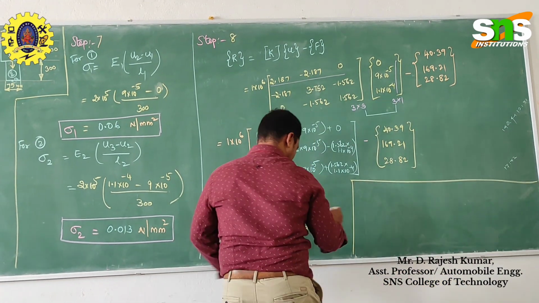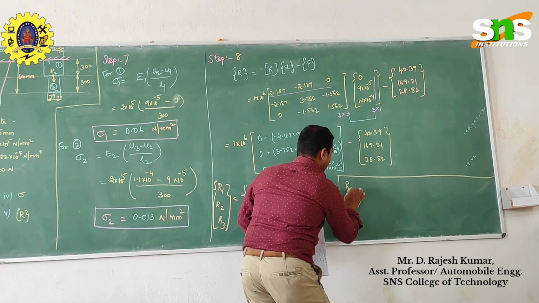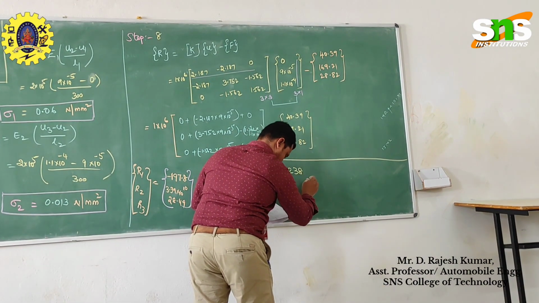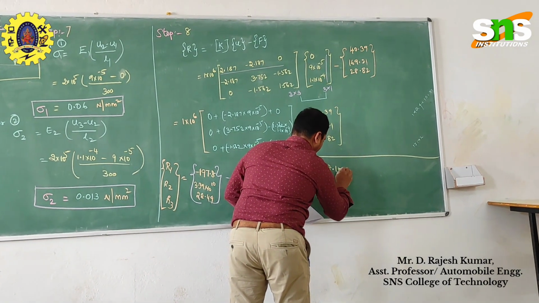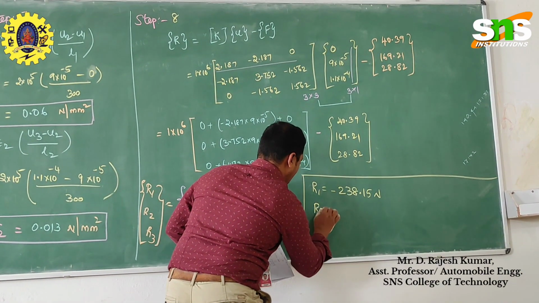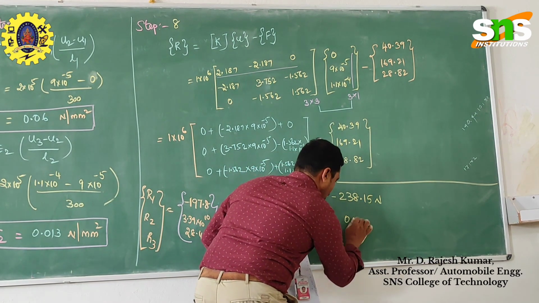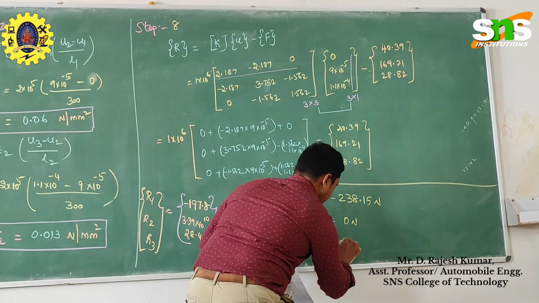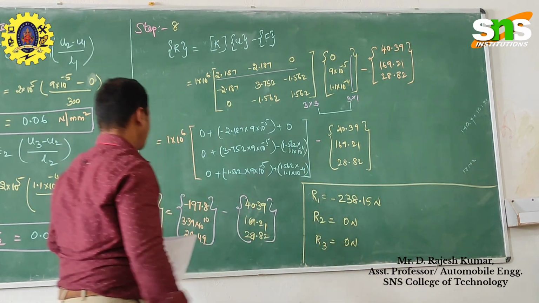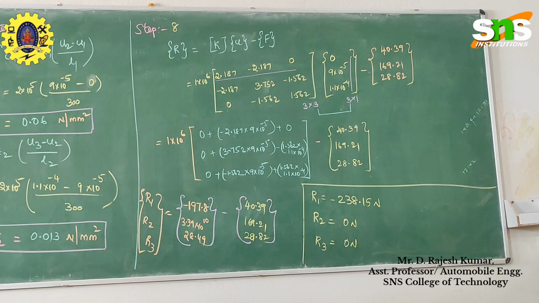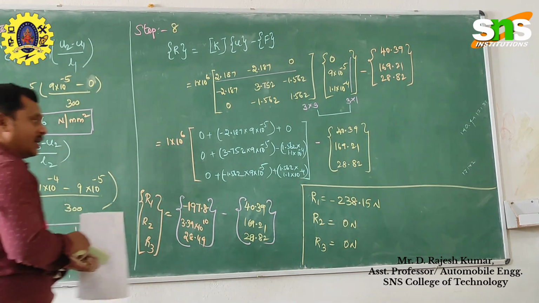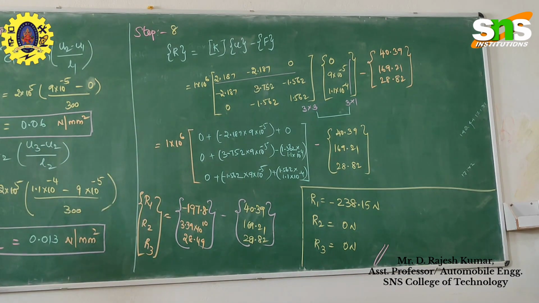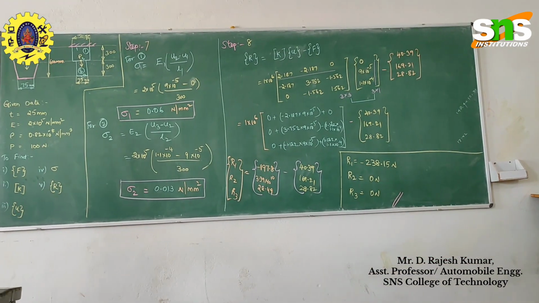The value of R1 after subtraction is minus 238.15 Newton, R2 is 0 Newton, and reaction force 3 is 0 Newton. So this is how I find the reaction forces, and this problem gets over. Thank you.